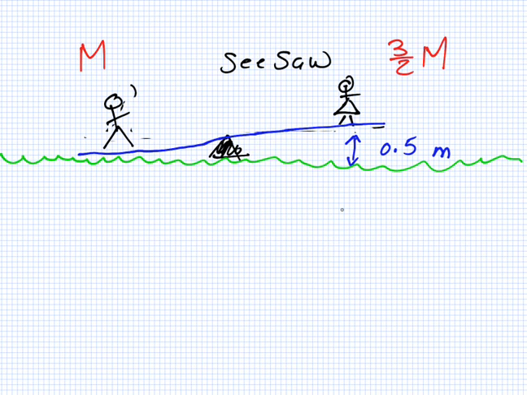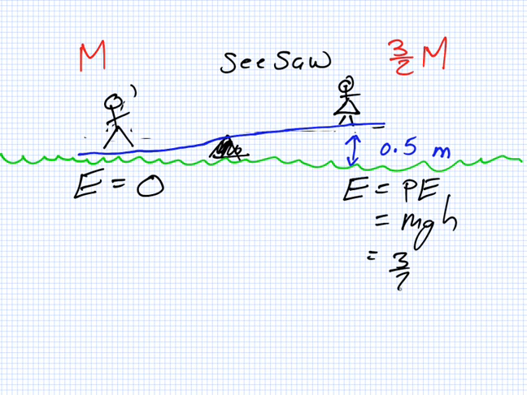Now, at the moment, Johnny's energy equals 0 because he has no kinetic energy and no potential energy. What about Margie? What energy does she have? Yeah, she has potential energy, which is equal to mgh, which equals 3 over 2 m times g times 0.5, which is a half.